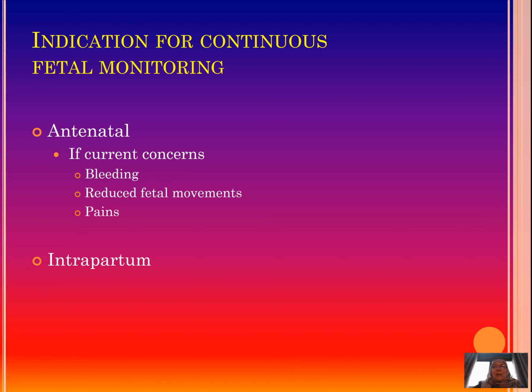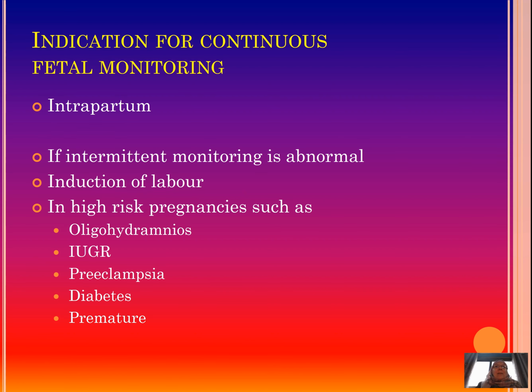Intrapartum CTGs have a lot of use and are used very frequently. They can be used if intermittent monitoring has been abnormal, in induction of labor to monitor the baby's reaction to the contractions that are induced and also the frequency of the contractions.